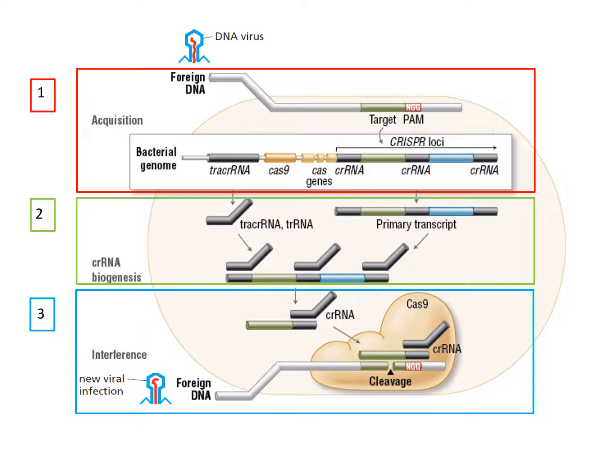It is going to inject its foreign DNA into the cell, and if and when this Cas9 complex with the appropriate crRNA recognizes that same sequence of DNA, and also notice we have this PAM site here, the PAM site also plays a role in helping Cas9 complex with the foreign DNA.